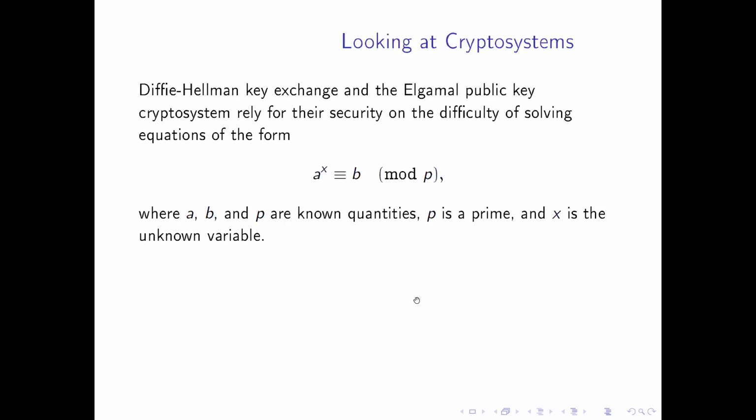So let's go back to our crypto systems because I want to point something out. Again, this is where we're also going to have a difference. In the Diffie-Hellman key exchange and the Elgamal public key crypto system, both of them were reliant on A to the X, where X was actually my message. And that's what made it hard: my message was my exponent.